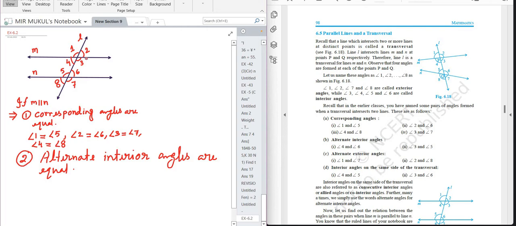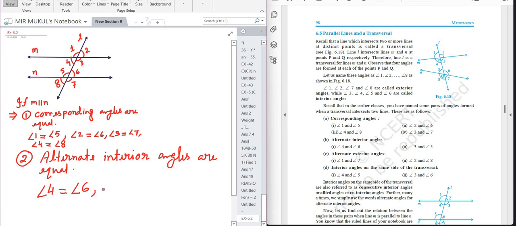Now what type of angles are alternate interior angles? Interior means inside, and alternate means one angle will be on the left side, then the other will be on the right side. So here angle 4 if we consider, its alternate interior angle will be angle 6. Okay, understood? Angle 4, its alternate interior angle will be angle 6, right?